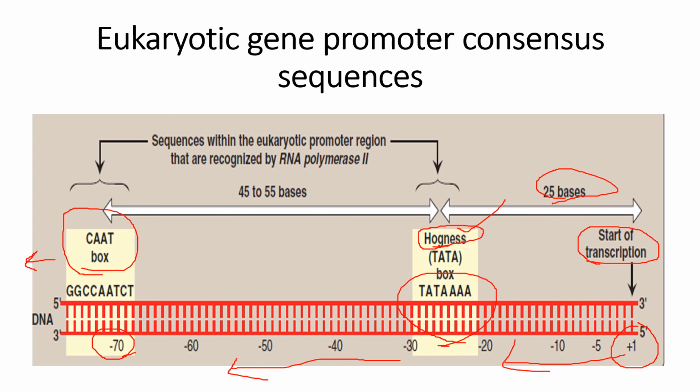Mostly the constitutive genes contain this CAAT box. These are the different promoter regions present in eukaryotic genes.